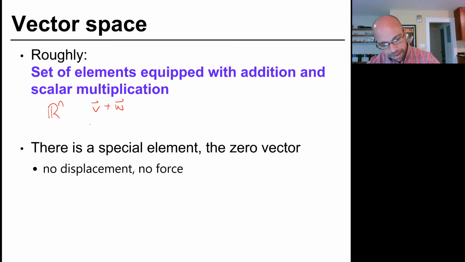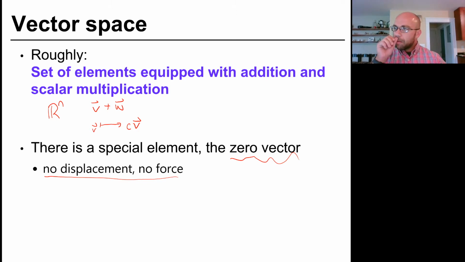Or I can take a vector and I can scale it by a scalar. Hopefully you guys remember that a scalar is just a fancy word for a real number or number. And there's a special element in a vector space, which is the zero vector. And this is going to be the object that sort of abstracts a lack of displacement or force.